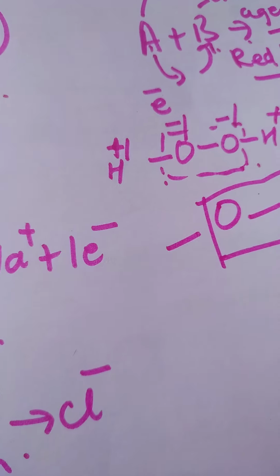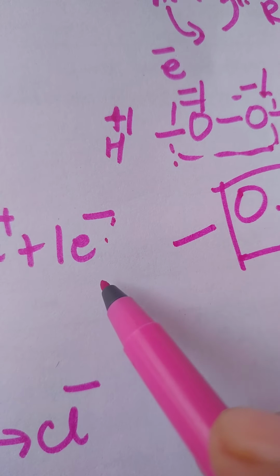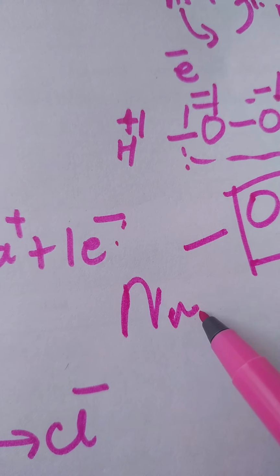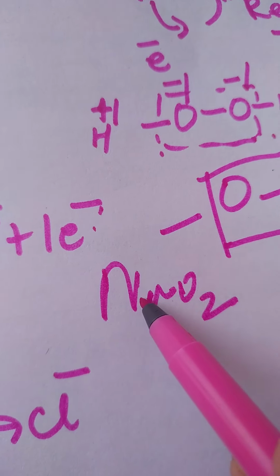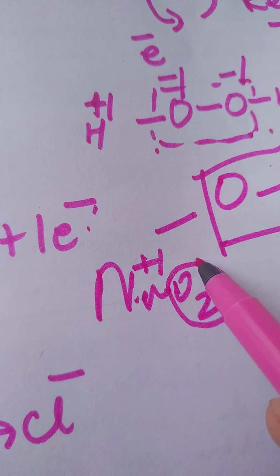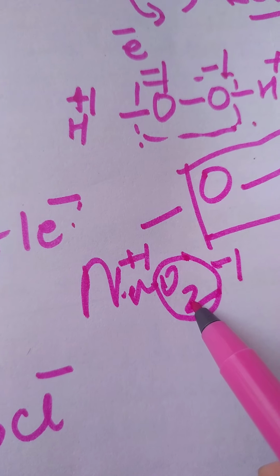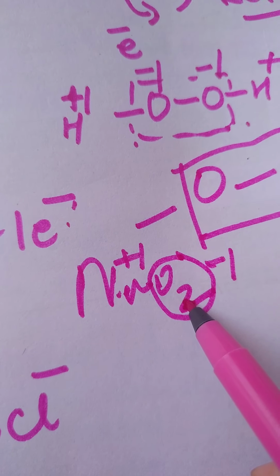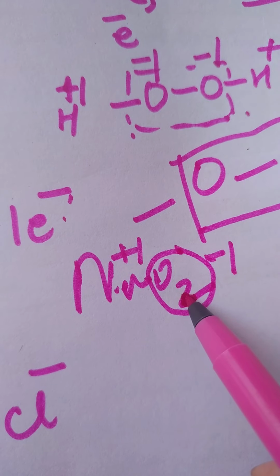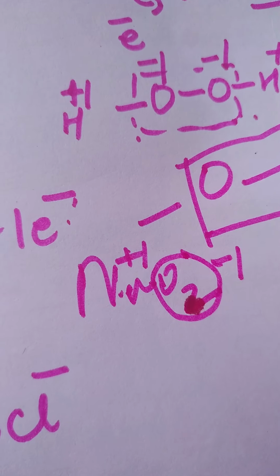Then in case of superoxides, now what are superoxides? Like we have NaO2. Sodium is +1 and this whole thing is -1. There are two atoms, and oxidation number is always calculated for one atom. It is the charge on an atom, and an atom means one atom.